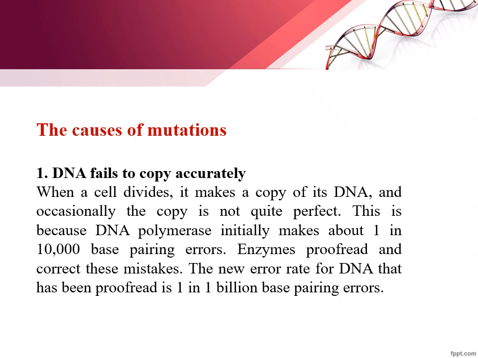The error rate for DNA that has been proofread is 1 in a billion base pairs. But sometimes when the mistakes are not proofread, it may make a mutation at about 1 in 10,000 base pairs.